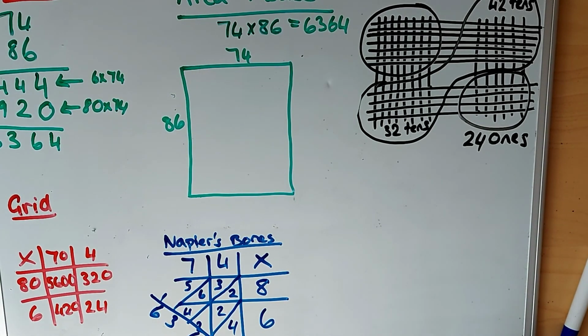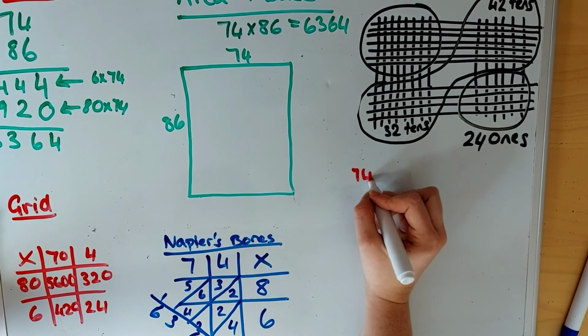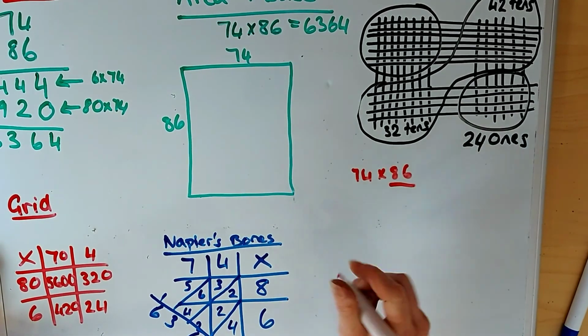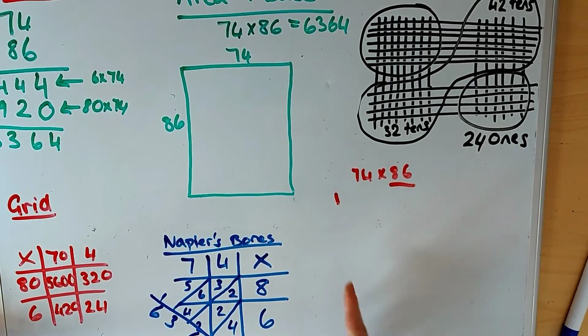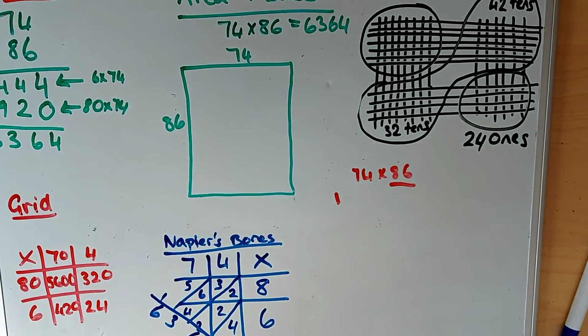So for the Egyptian method, we have 74 multiplied by 86. So I need to start with my 1 and I keep doubling until the number is larger than 86.